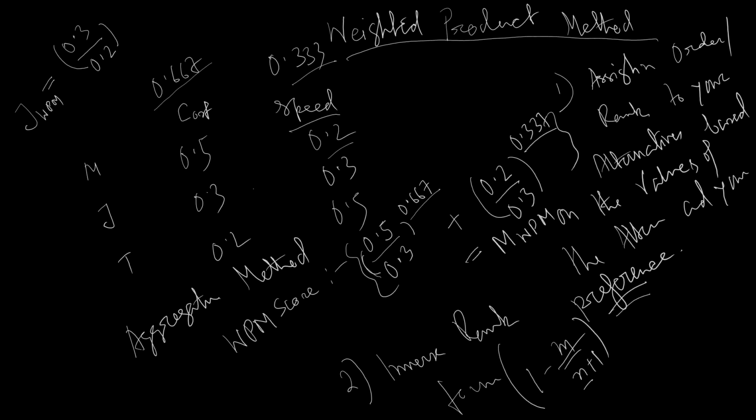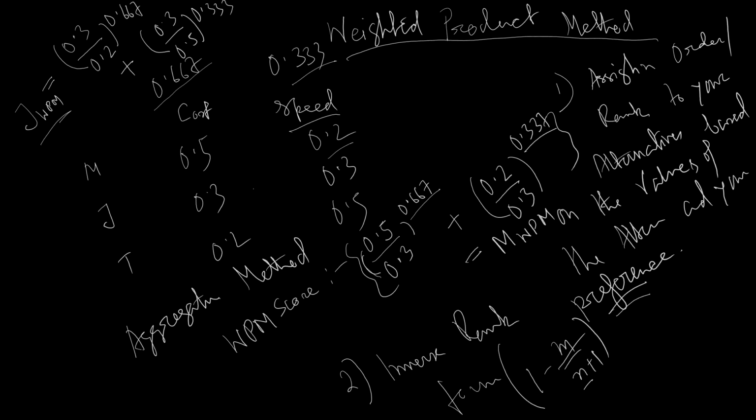And we power it by the weightage of the criteria, 0.667. And you add to it the same for speed, the other criteria. Here it is 0.3 by 0.5 to the power 0.33. And that will give you the WPM score for Jaguar.